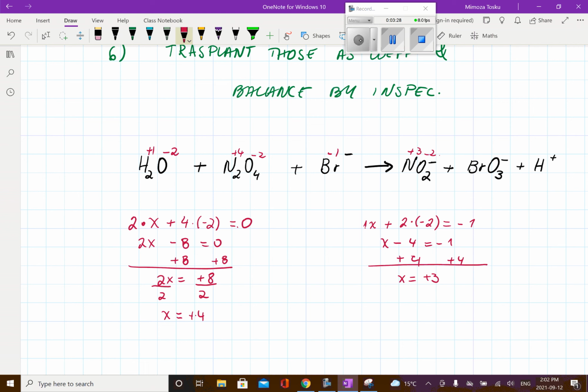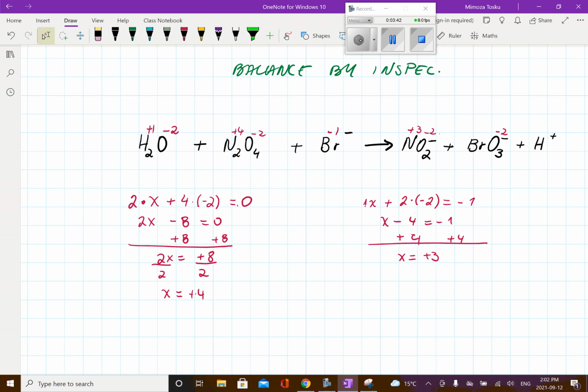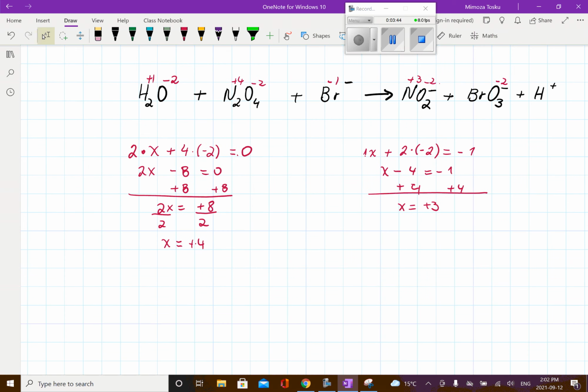The same logic applies to bromate, BrO3 minus. The oxygen is -2. Let's find the oxidation number for bromine. So 1 times x plus 3 times -2 will be equal to -1, because this is the charge of the ion.